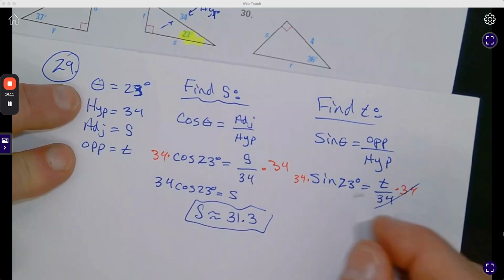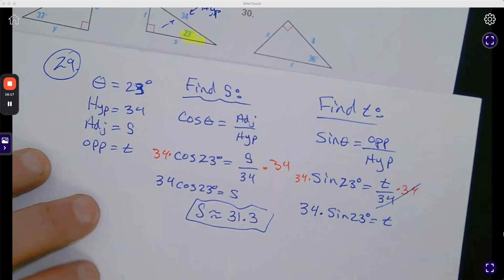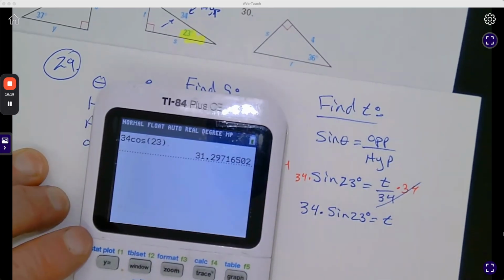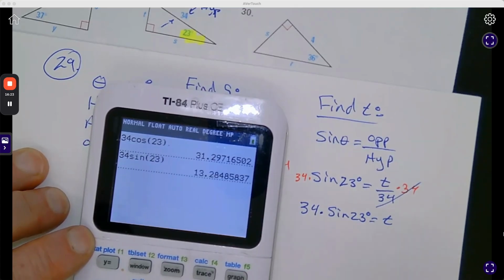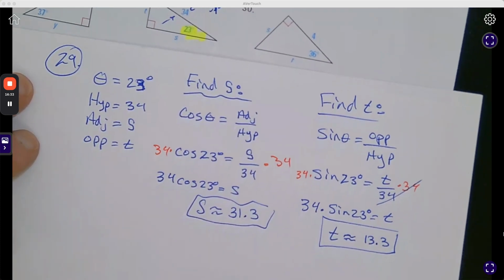Rewrite it. That cancels out. That's what we wanted to do. You're just solving an equation. Sine of 23 is a number, so treat it like a number. We already know we're in degree mode. 13.3. Oh, approximately, because I rounded it. That's done, people.